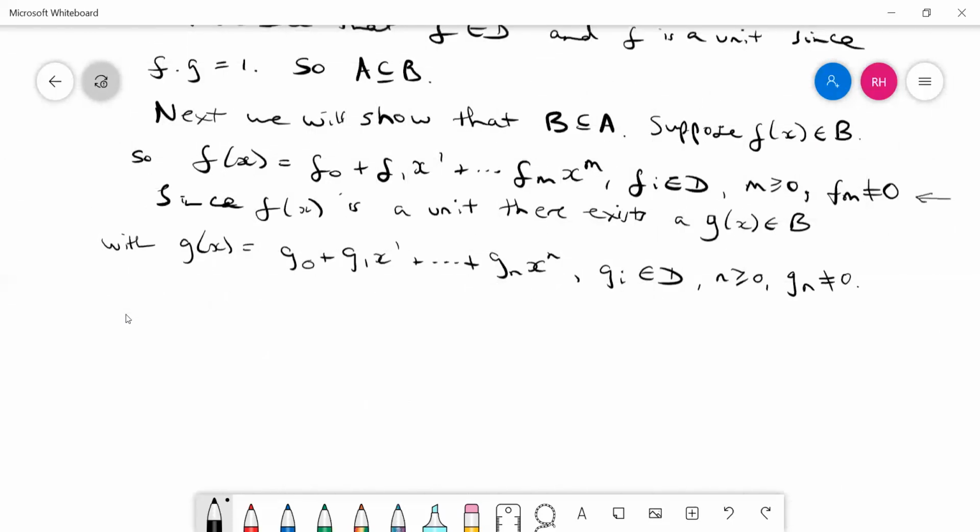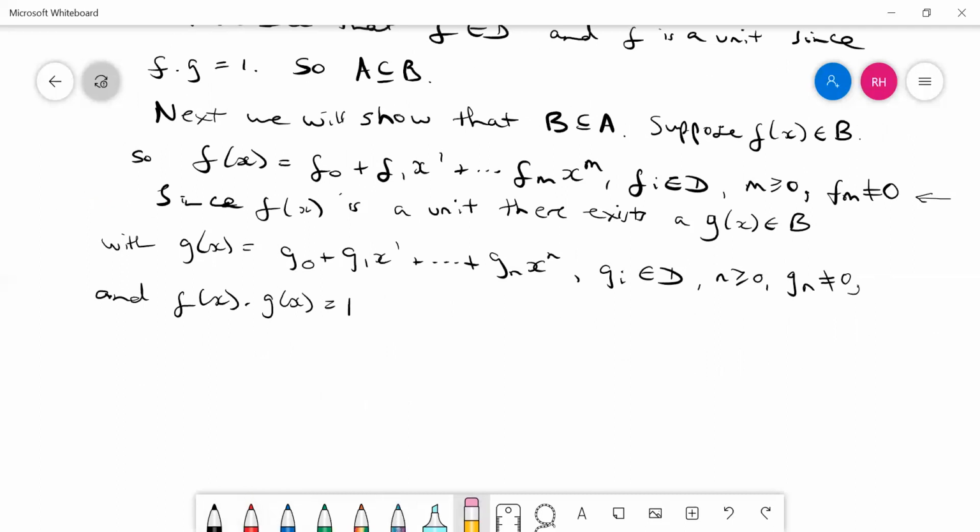So that's the form of G, and Fx times Gx is equal to 1, because Fx is a unit. That's what it means to be a unit.